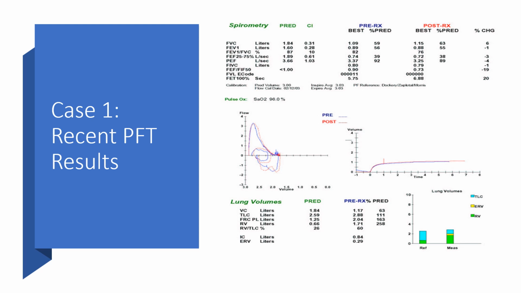So let's look at what the numbers actually mean in the lung volumes. Vital capacity, predicted 1.84. The actual value is 1.17 or 63% predicted. Total lung capacity predicted is 2.59, and the actual is 2.88, for 111% predicted, and so on and so forth.